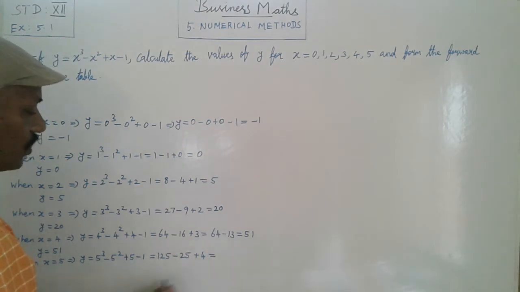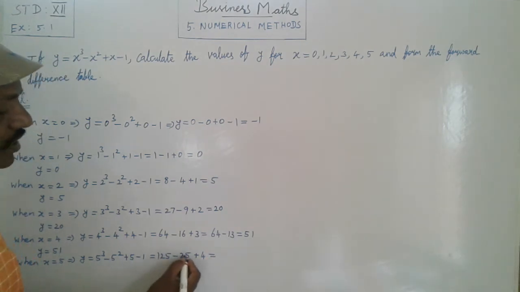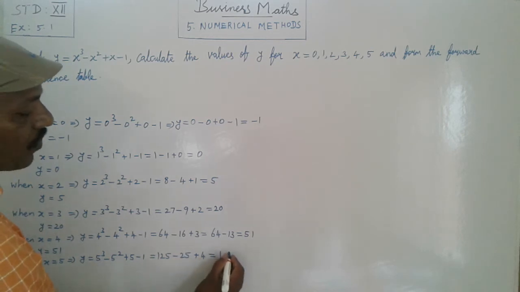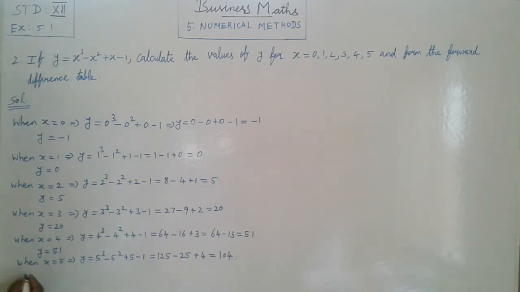That is equal to 125 minus 25 is 100, 100 plus 4 is 104. When x equal to 5, then y equal to 104.